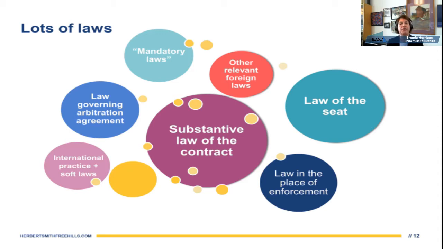It's important to specify these things as clearly as you can in your agreement. We currently have a situation where we're assisting a client with an arbitration agreement that specified the rules of a particular institution and a seat where that institution was located, but the substantive law of the contract was in another country.